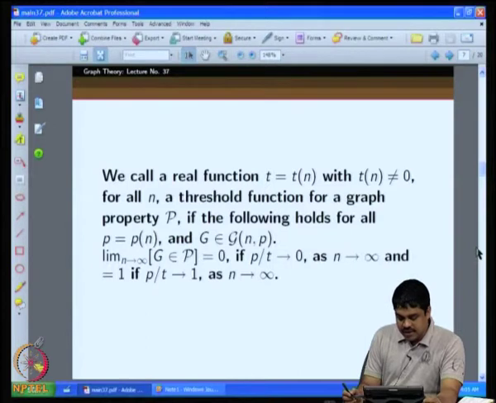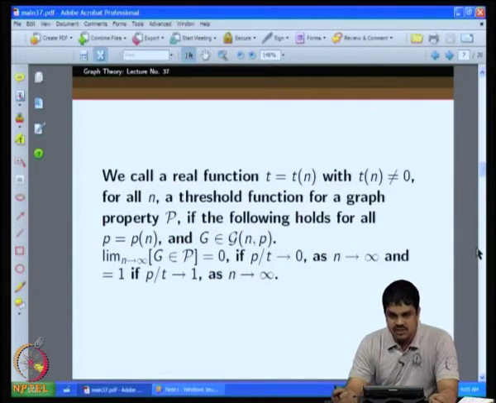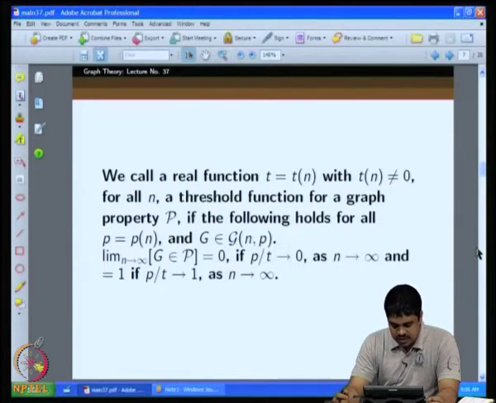See now, there is this interesting concept of threshold functions that we want to introduce. Some properties are such that there is a certain threshold.